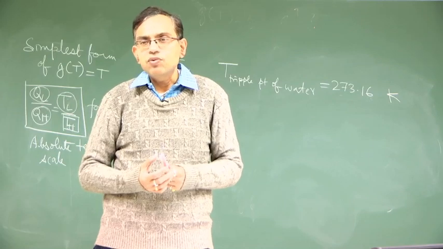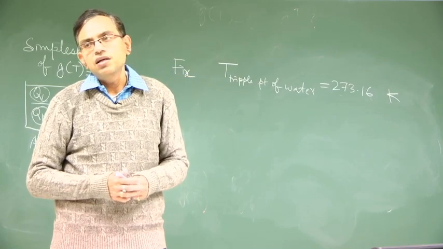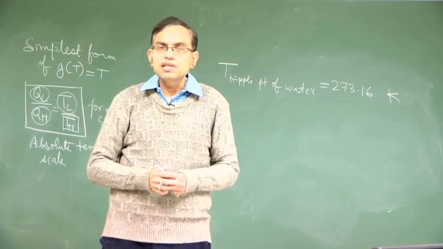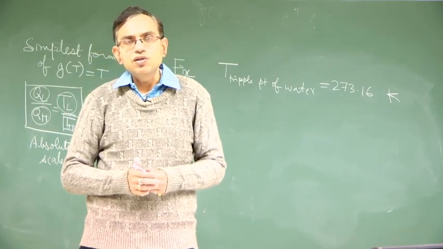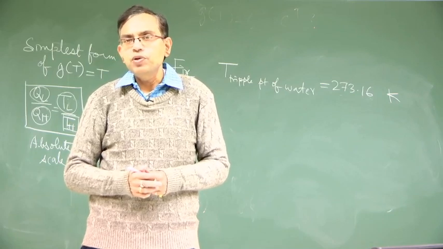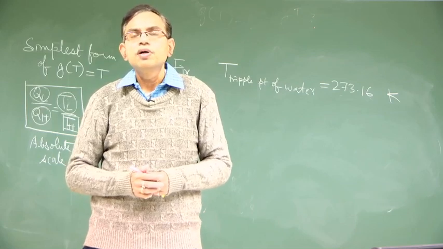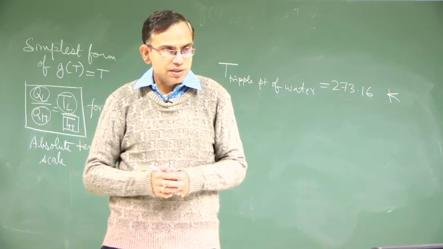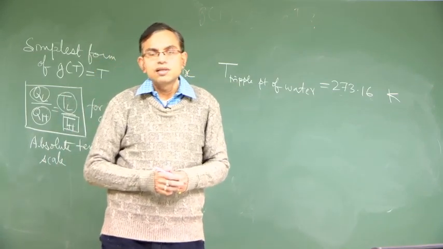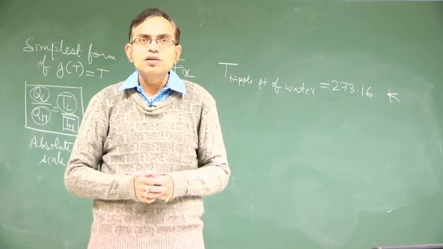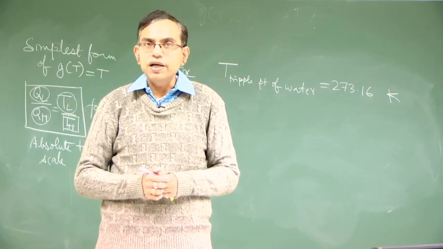We have studied what a reversible process is and what factors can make a process irreversible, and then we discussed the Carnot cycle as a model reversible cycle, and eventually came up with a description of an absolute temperature scale which is independent of the properties of the thermometric substance. So, with this let us conclude this lecture, and next time when we meet we will be working out some problems related to the concepts we have learned by this time. Thank you.